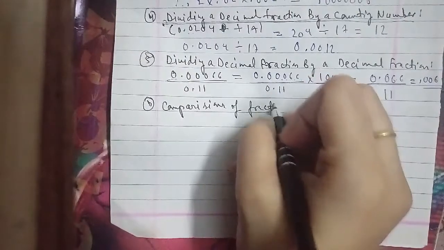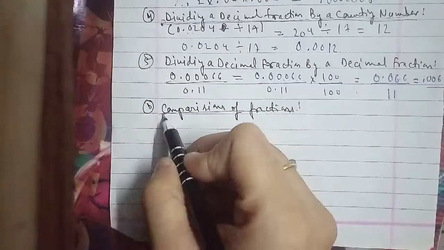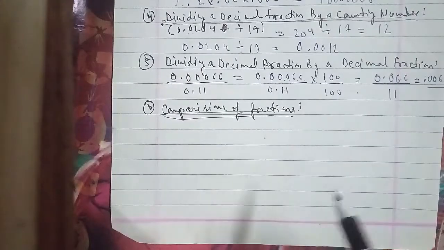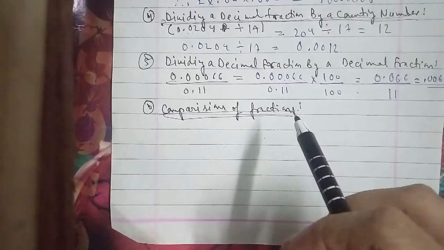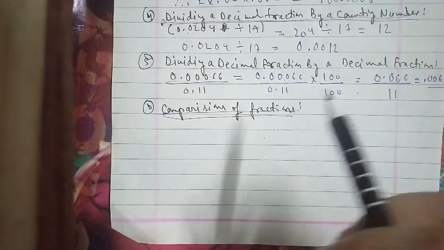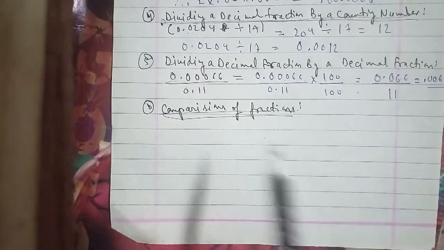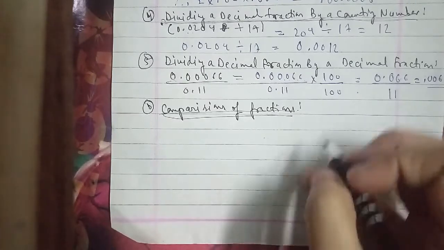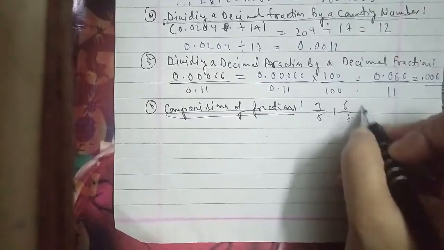In comparison of fractions, suppose some fractions are to be arranged in ascending or descending order of magnitude, then convert each one of the given fractions into decimal form and arrange them accordingly. Suppose we have to arrange the fractions 3 by 5, 6 by 7 and 7 by 9 in descending order.